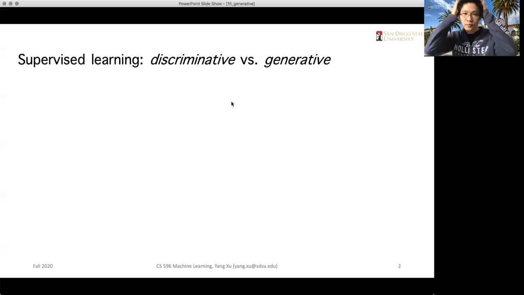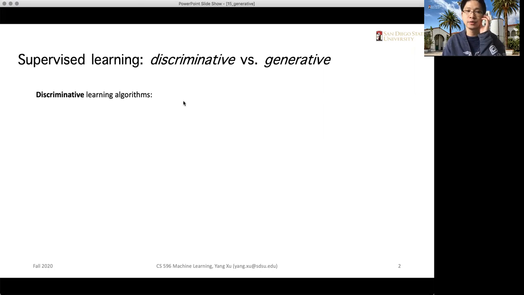Okay. So let's see this difference of the paradigms between discriminative versus generative ways in conducting supervised learning tasks. I would say so far, all the models we have covered in this course belong to the discriminative learning algorithms. By the term discriminative, what we actually mean is that we try to classify the data.